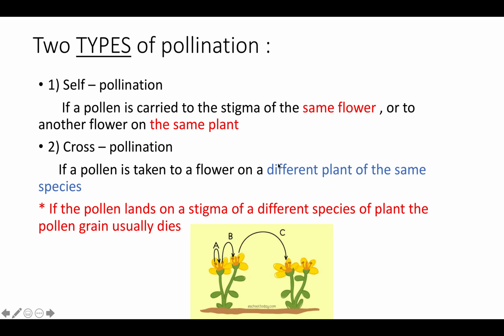So the key word in cross is different, while in self it is the same flower or two different flowers but the same plant. So it's either from one flower to another in the same plant, that's self-pollination, or cross-pollination, which is from one plant to a different plant, and of course it should be from the same species.